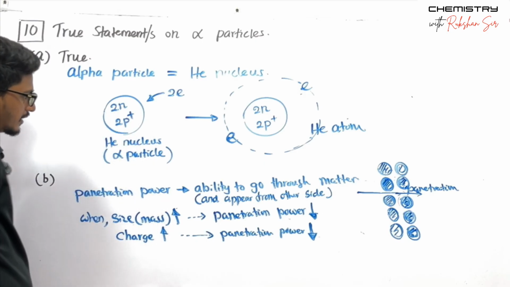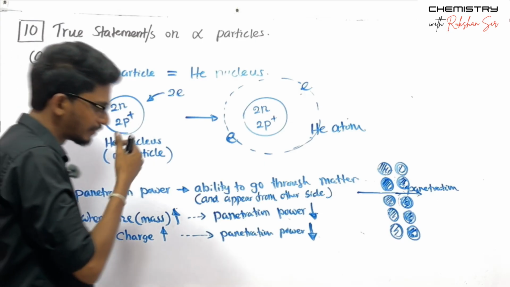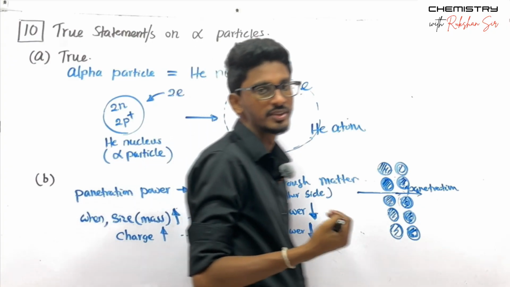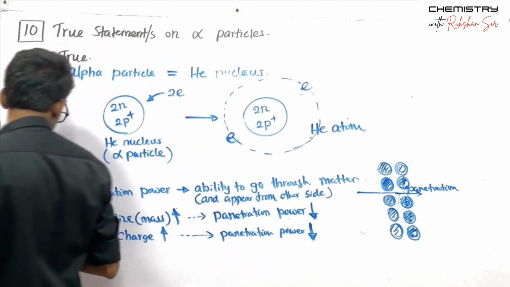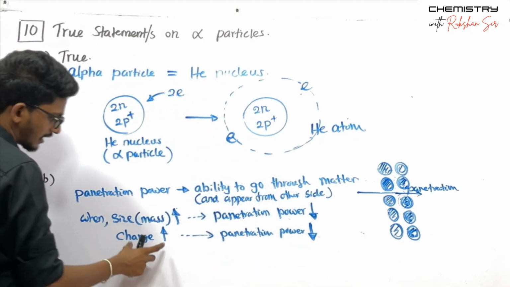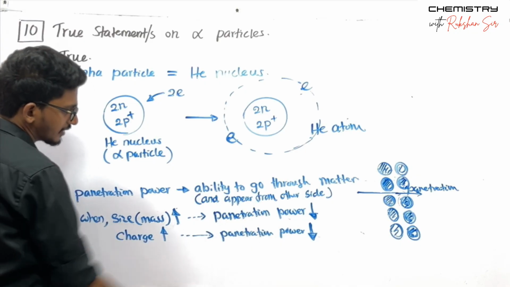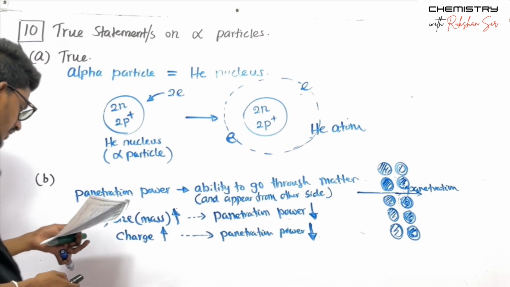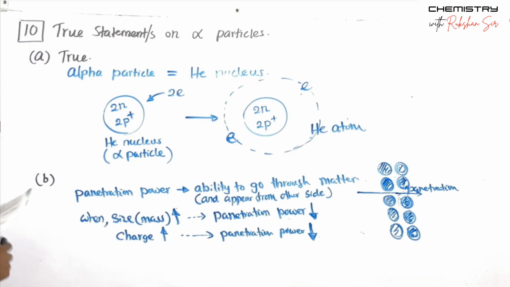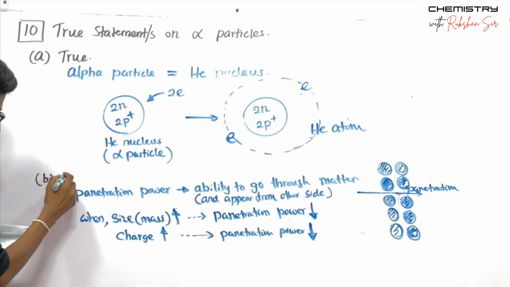So compared to other particles like protons, neutrons, electrons, the alpha particles have smaller penetrating power. As the size is high and charge is high, penetration power is less for alpha particles. The idea is clear. The penetration power of alpha particles is very small. That statement is true.